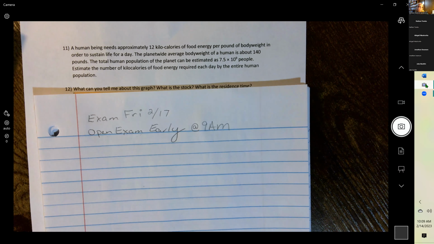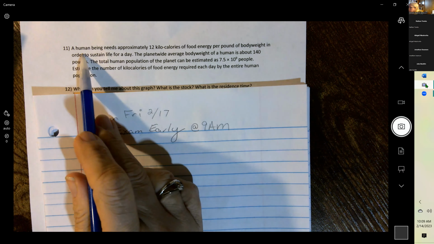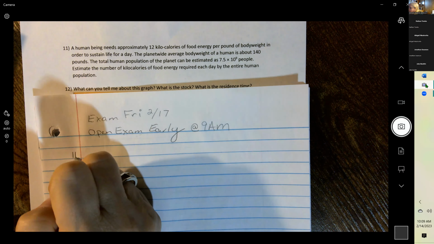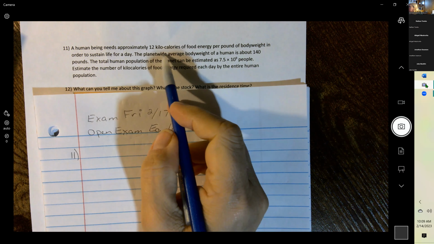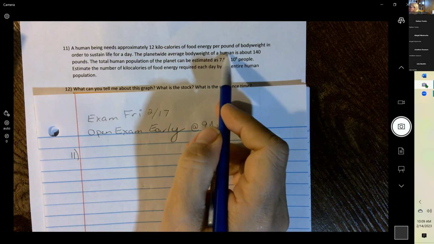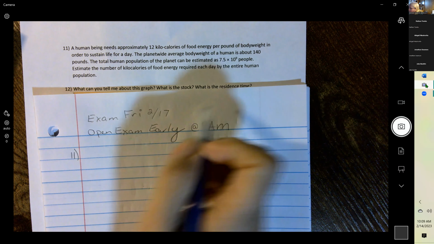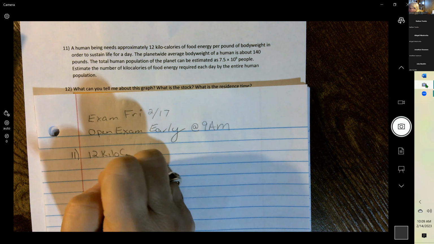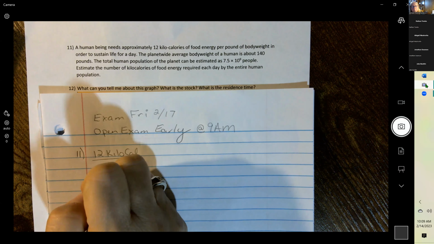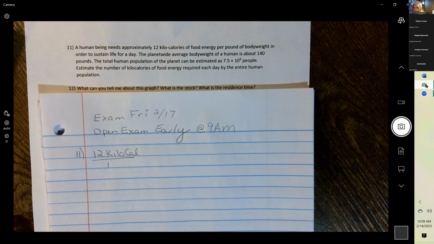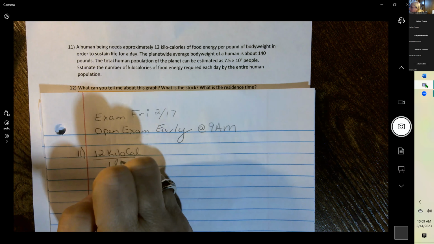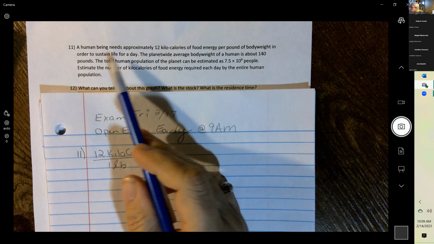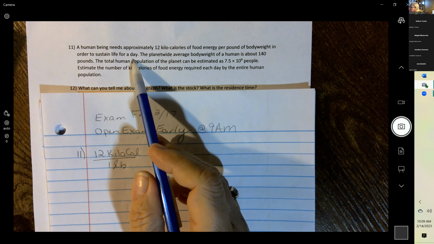Number 11. A human being needs approximately 12 kilocalories of food energy per pound of body weight in order to sustain life for a day.